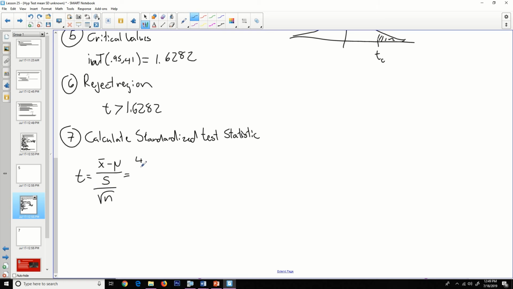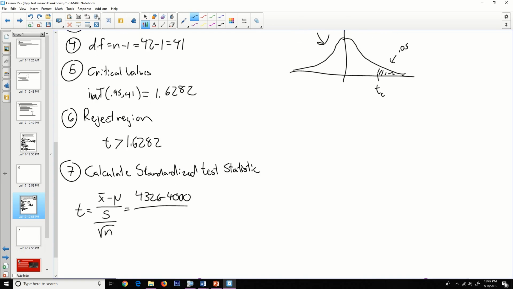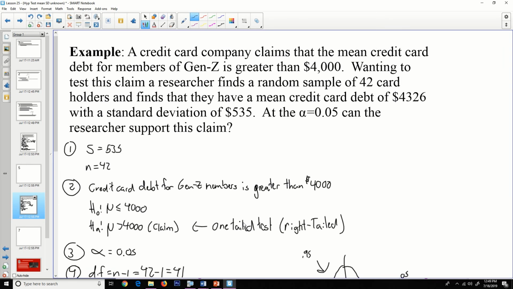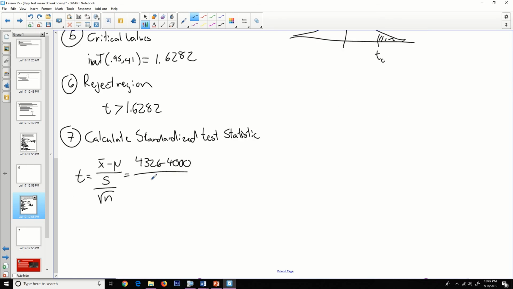In this particular instance, it was 4,326 minus 4,000, over the standard deviation 535 over the square root of 42. I have that calculated, so just for the sake of expediency, this comes out to 3.9490, and that is clearly larger than our reject region.